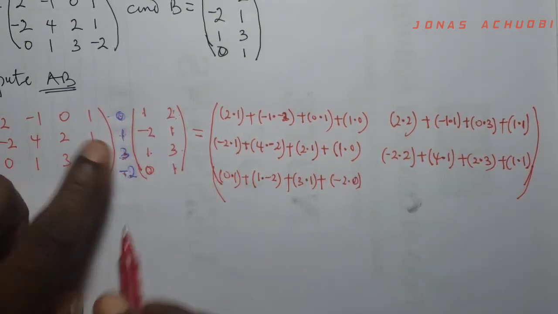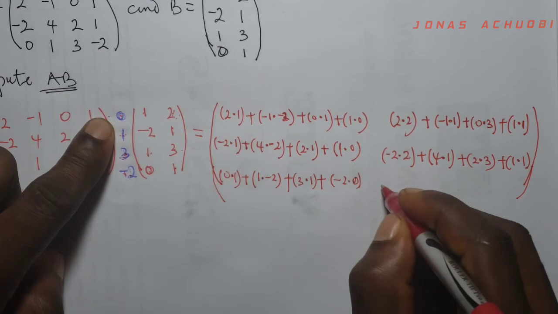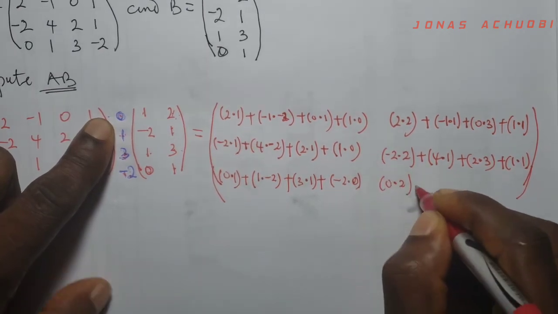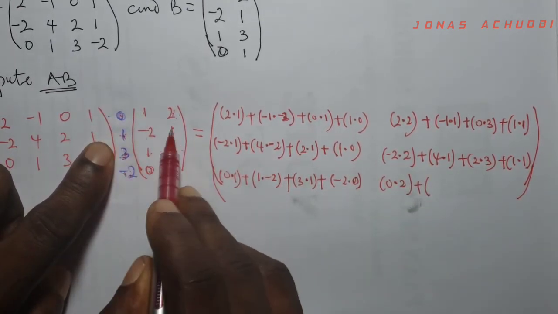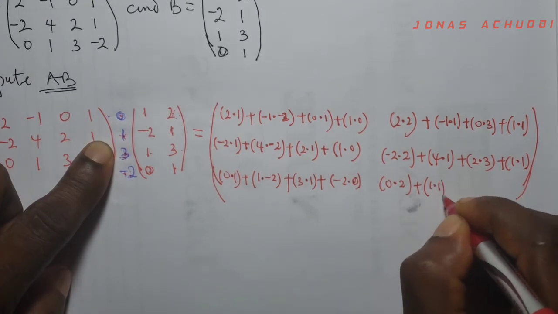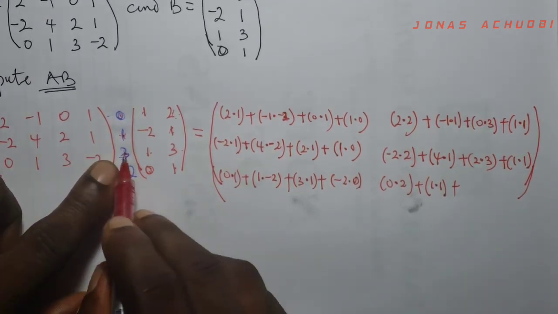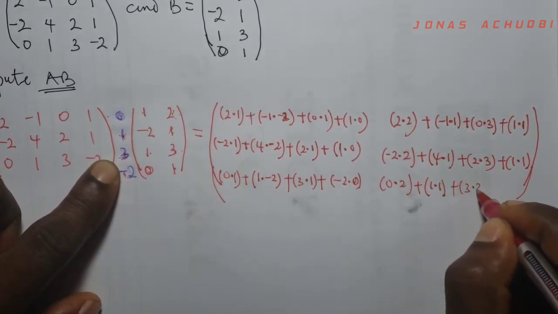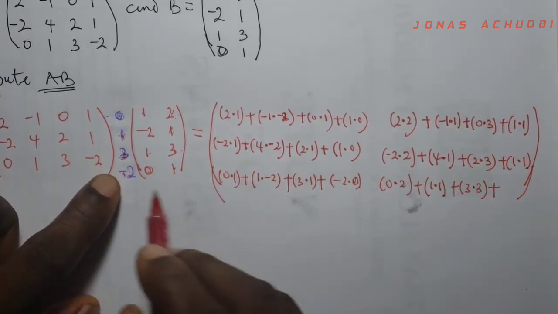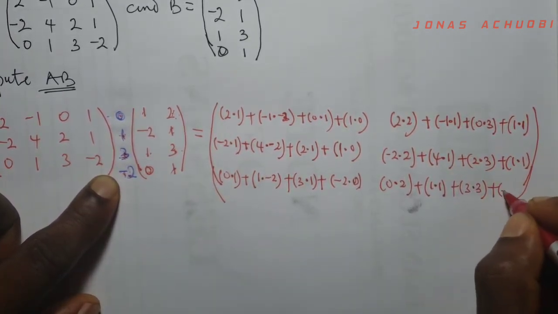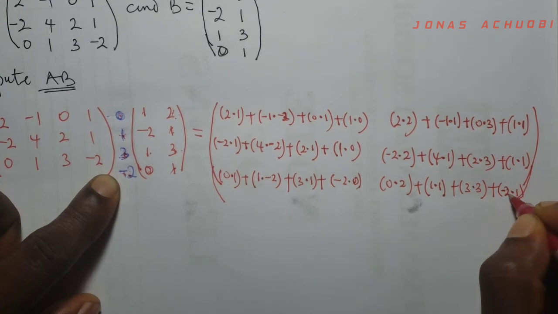And I move to the second column. 0 times 2, plus 1 times 1, plus 3 times 3, plus negative 2 times 1.